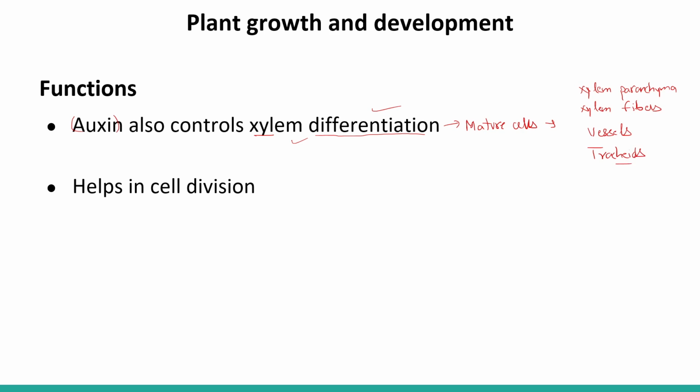So auxin helps in xylem differentiation. Another role is that it helps in cell division, and it also helps in cell elongation, which means it helps in cell growth.